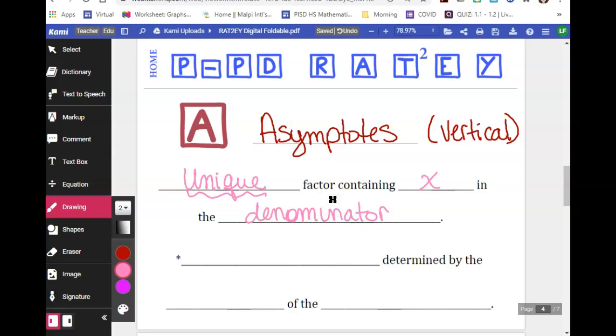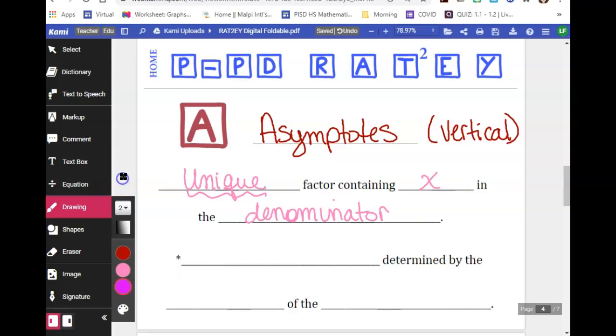Okay? Unique meaning that, again, it's done after reducing. So if I'm able to cancel it out with something in the numerator, it is not unique. So after I've canceled everything out I can, then whatever's left is unique to wherever it is.